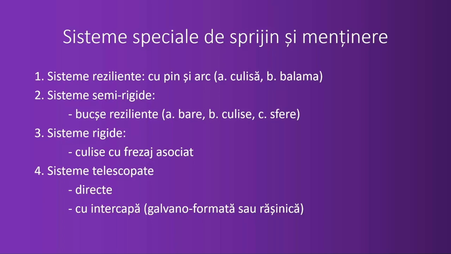It was the best of those types of systems. The second variant was half-rigid systems or attachments. That means inside of this system, be it bars, spheres or coulisse, they had something plastic inside, some resilient material inside.